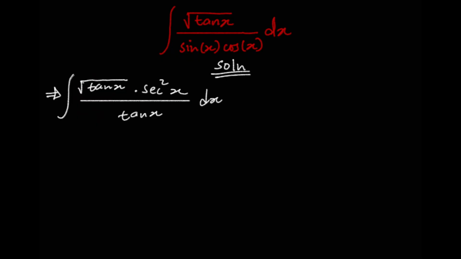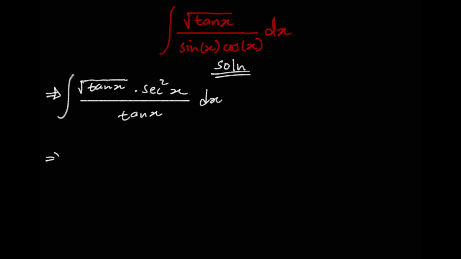Because here the exponent is just 1, if we bring down the square root of tangent x, it will be minus half. So 1 minus half is half. So meaning we are going to have tangent x to the half, 1 over 2, in the denominator. I don't know if this is clear.